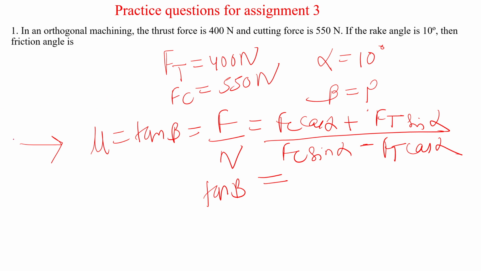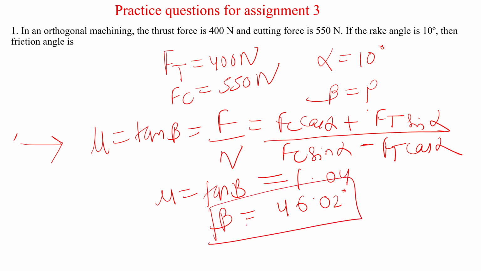This tan beta is mu only. You got 1.03, and from here beta you can get 46 degrees something, 46.0203 degrees. Something similar, 45 or 46 degrees. So like this you can get it. Everyone got this? Is it okay? Is anyone having any doubt? No. Can we go to the next question?